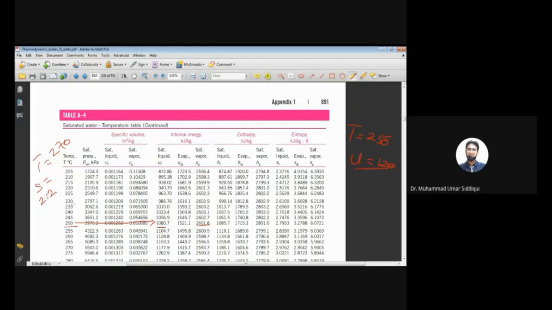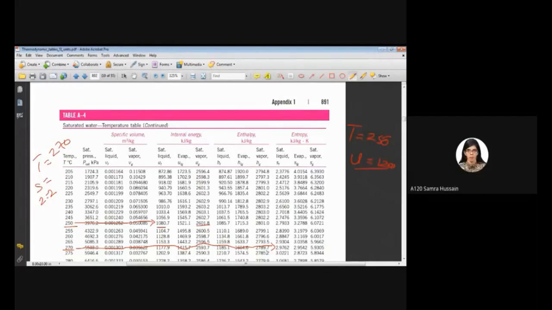So our T is 270 and S is 2.2. What do you think? Are we in the correct table or are we in the wrong table?